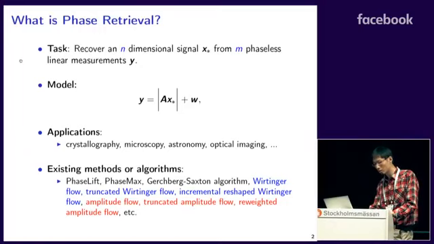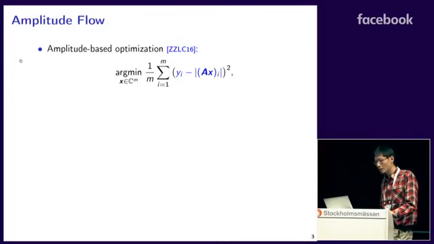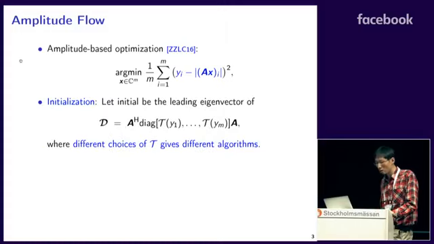So first, let me talk about the amplitude flow. In this approach, we formulate the phase retrieval problem as the following optimization problem, where the loss function is known as the amplitude loss. Note that this is a non-convex optimization. So a typical approach is to use an iterative search algorithm with a certain initialization. Indeed, in the amplitude flow algorithm, we start with an initialization step where we pick the initial estimate to be the leading eigenvector of the following matrix D, where different choices of the function T give different variants of the algorithm.